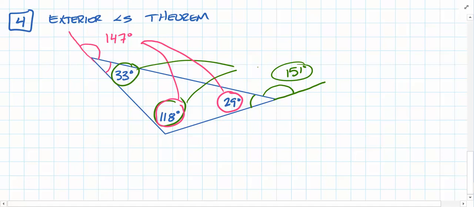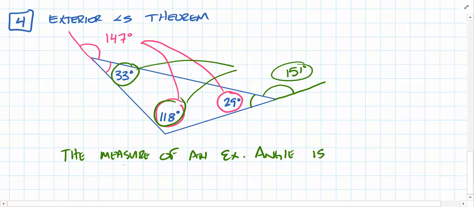Okay, so here we go. So the measure of an exterior angle, here, I'll just write it out for you, okay? The measure of an exterior angle is the sum of the two, what?